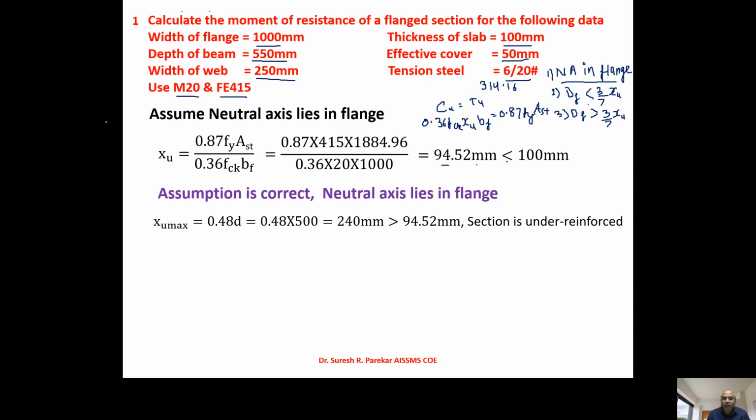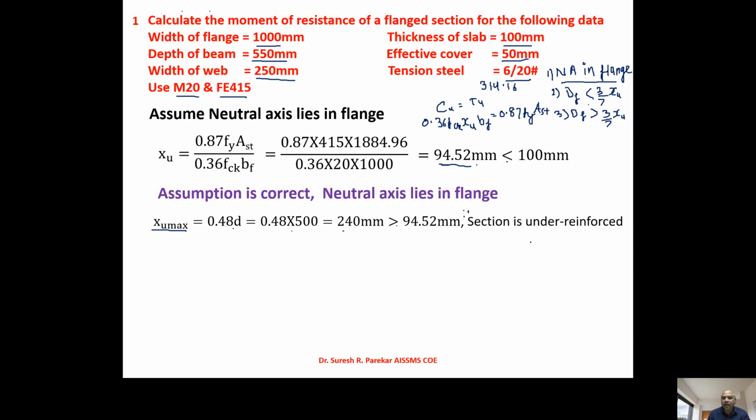Now we also have to check that XU max is greater than the XU value. 0.48 D is equal to 0.48 into 500, equal to 240 millimeter, which is greater than 94.52 millimeter. And therefore the section is under reinforced.